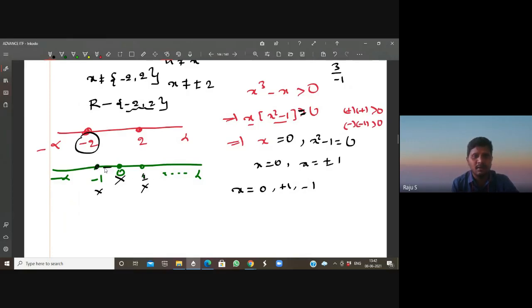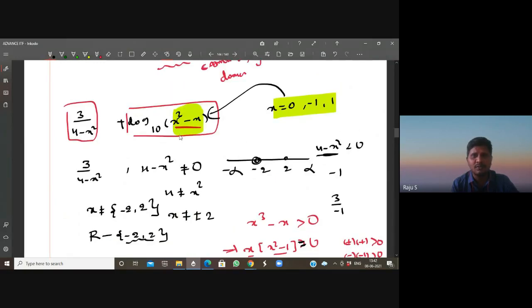But in between, from minus 1 to 0, substitute any value. Minus 1 to 0 means I am taking minus 0.5. What about the value for minus 0.5? Substitute here; 0.5 means 1 by 2. Minus 1 by 2 whole cube minus of minus 1 by 2. What about the value?